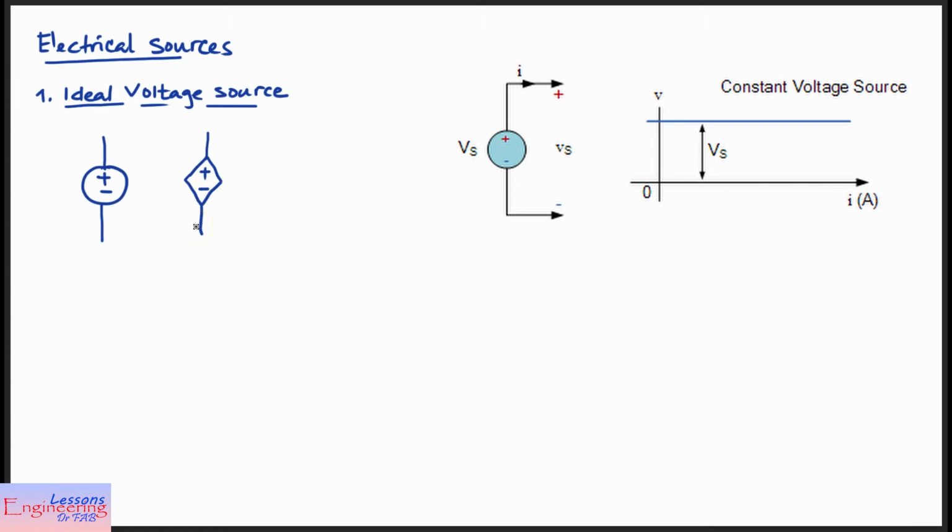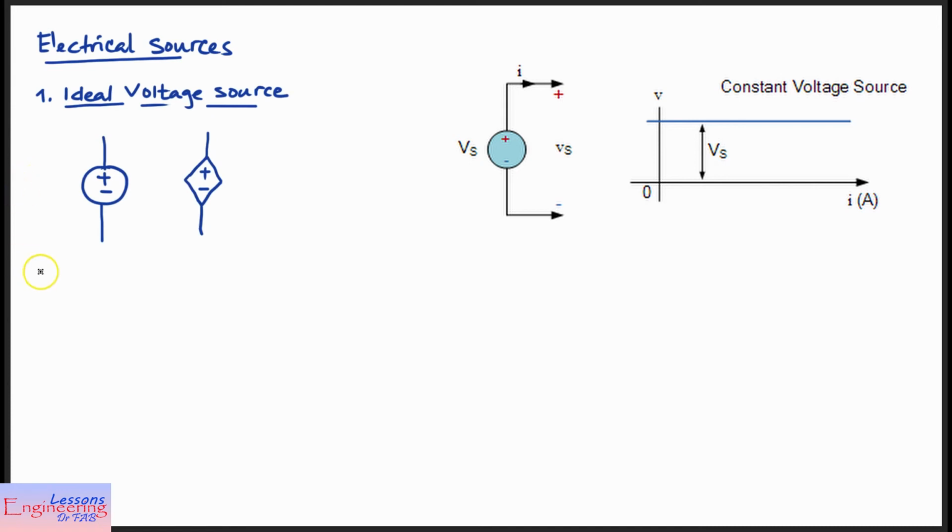So when this set voltage is independent of any other external voltage or current, we call it independent voltage source. But if this set voltage is controlled by external components, could be voltage or current, for instance, there is a voltage controlled voltage source, then we call this dependent voltage source.